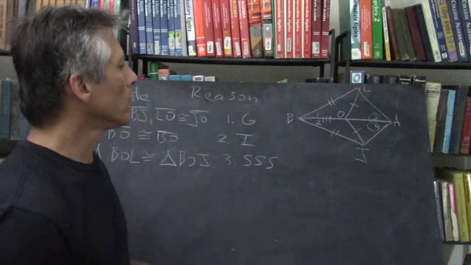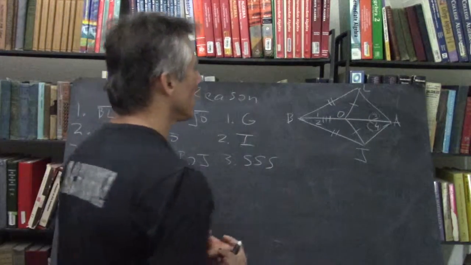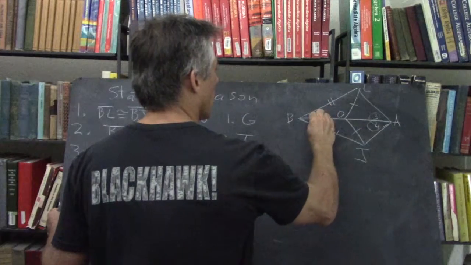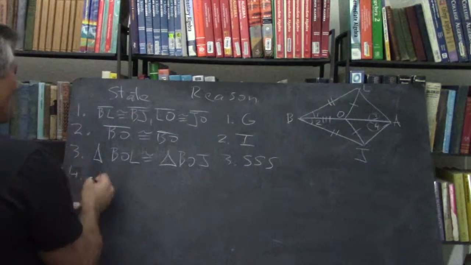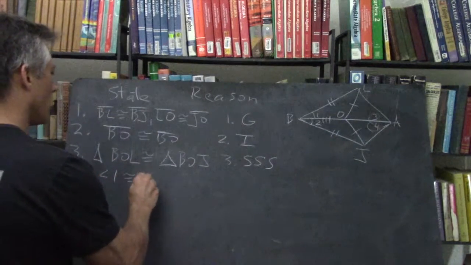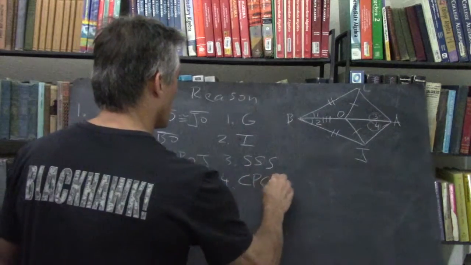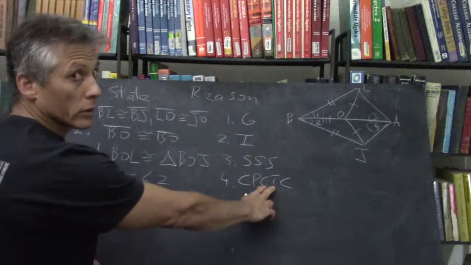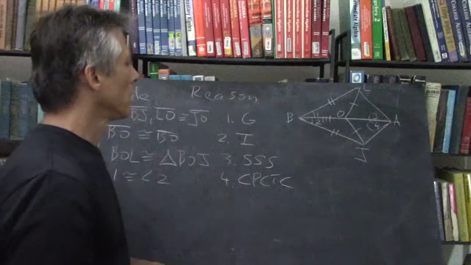And then we know parts of triangles are congruent. Which parts? Angle 1 and angle 2. So we know angle 1 is congruent to angle 2, CPCTC. Because when triangles are congruent, then their corresponding parts are congruent.